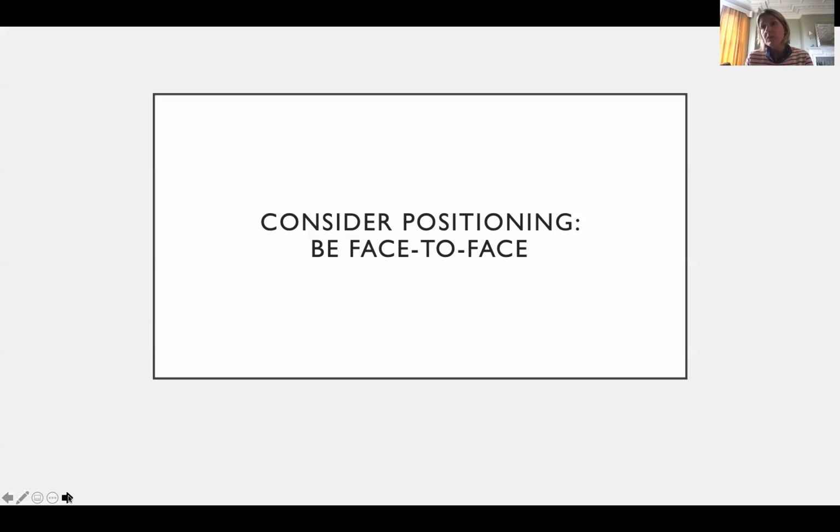We're talking about older children now, obviously, but even though the child is older, these are the skill steps that they still need to be put in place. So I can no longer walk around holding the child so that I can be face to face. So I have to think about my positioning.